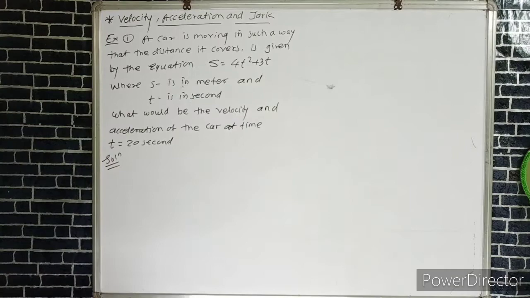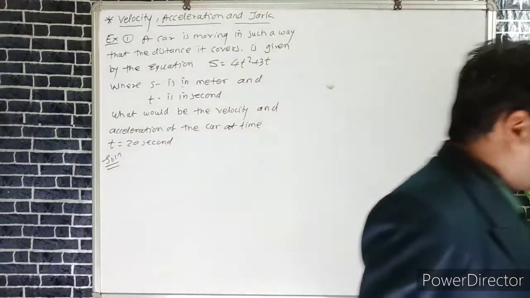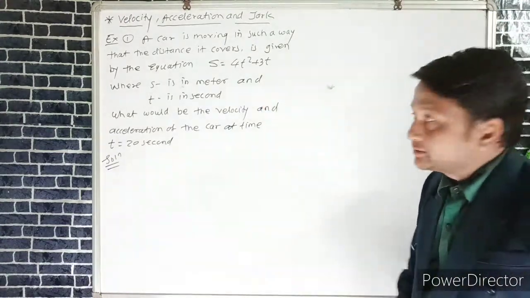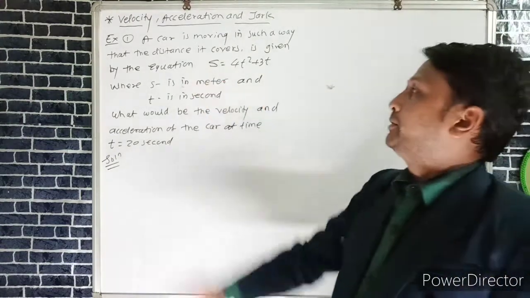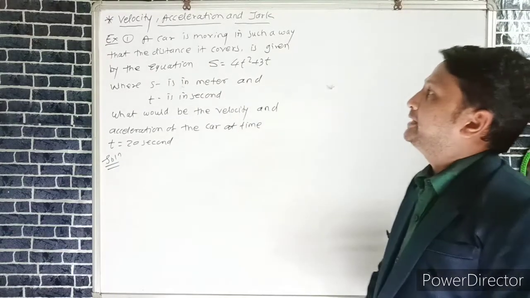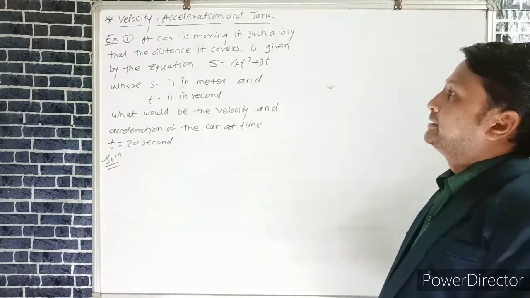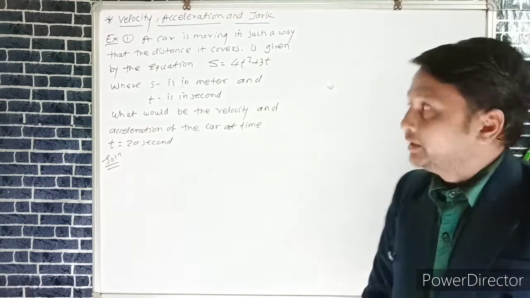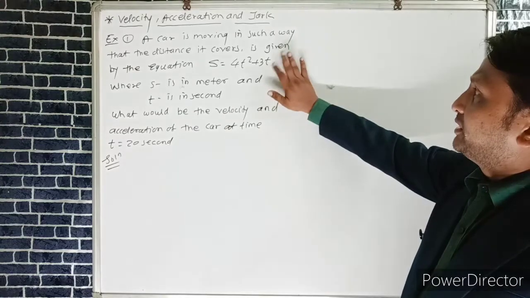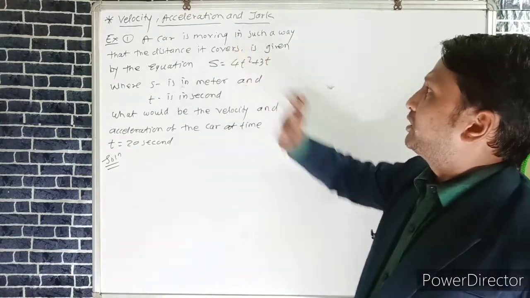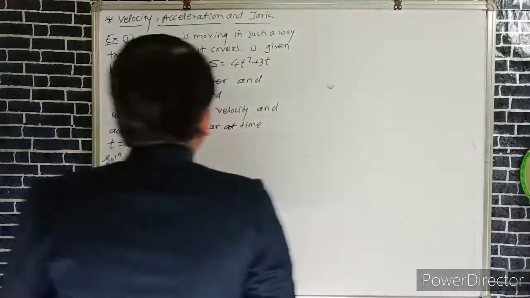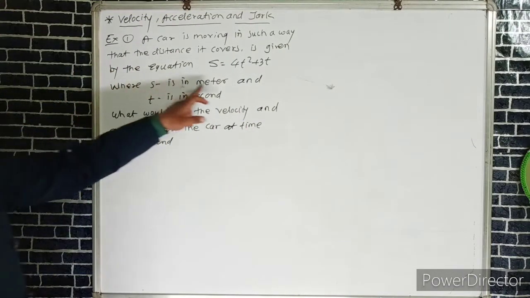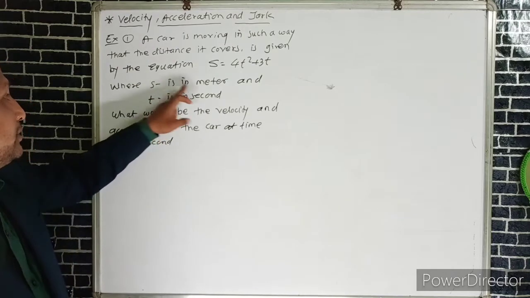So now we take an example based on velocity, acceleration and jerk. Example number one: a car is moving in such a way that the distance it covers is given by the equation s is equal to 4t square plus 3t, where s is in meters and t is in seconds.